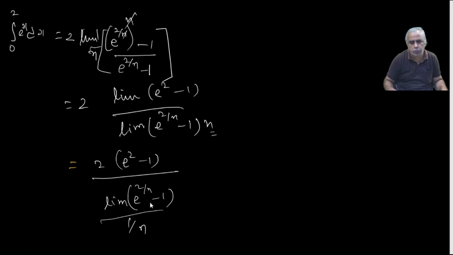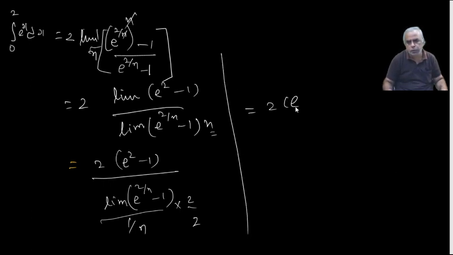So we can slightly rearrange this, and we need to get this 2 by n term. So for which what you can do, multiply and divide by 2. Okay, so simple gimmicks.